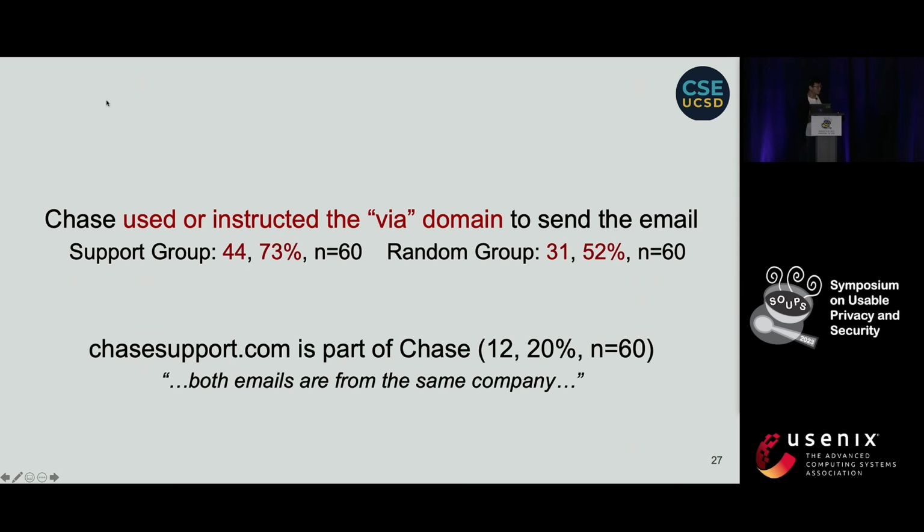In addition, similar to the previous research question, we also found that the VIA domain has an impact on users' perceptions as well. For example, here, users may think Chase Support is part of Chase, from the same company, and once again, that doesn't have to be the case.